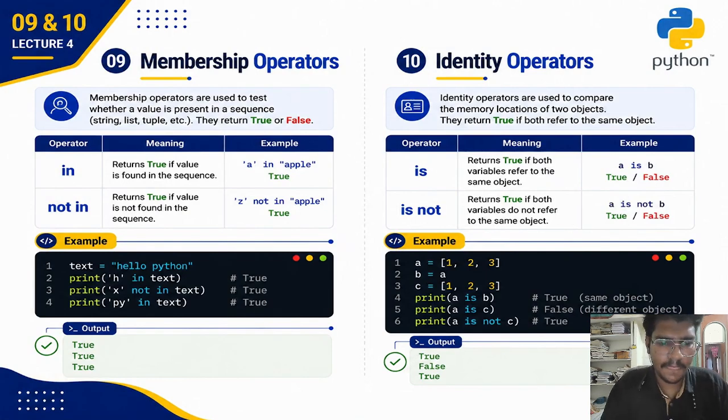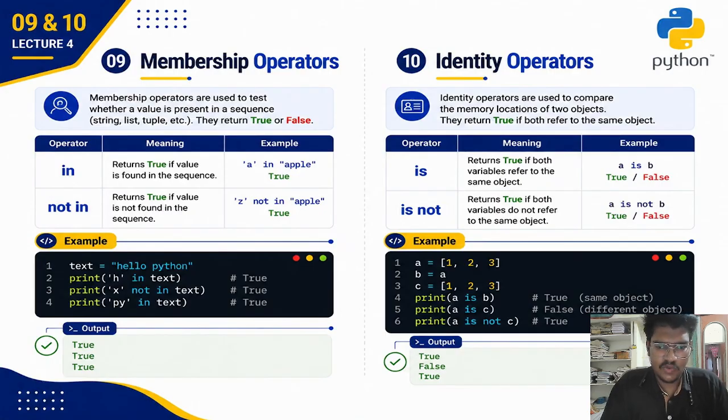This is not the same as equal to. Remember, the equal to operator compares the value or content of two objects to see if they are equal, while is compares the memory address, the identity of the object.